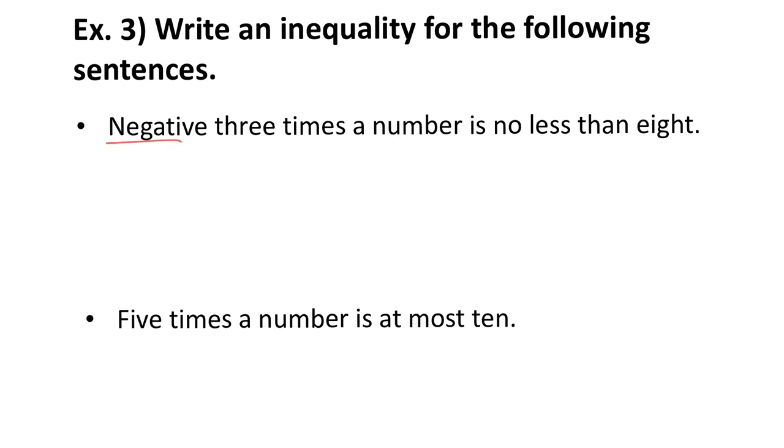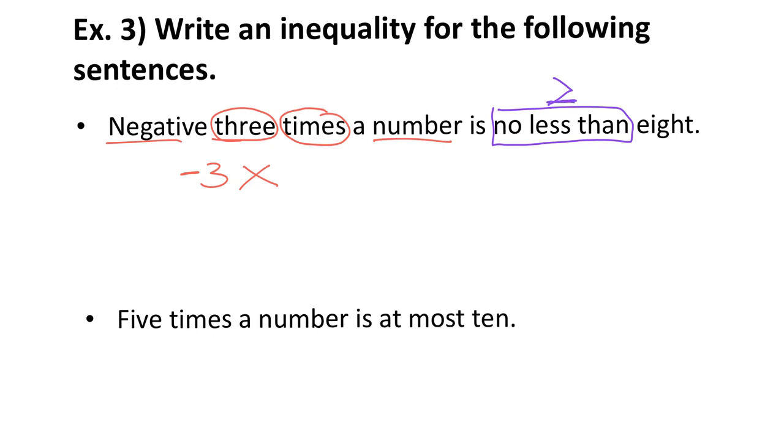So it says -3. So I'm going to put -3 times a number. So I'm going to put x for my number. Is no less than. That key phrase, no less than, means greater than or equal to.